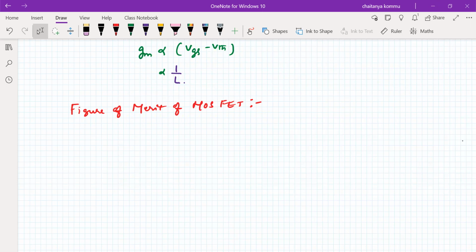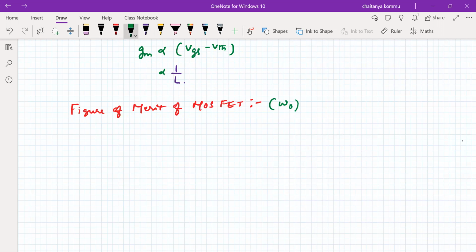That frequency response is measured by a parameter called omega naught. This parameter indicates the switching speed of a transistor.